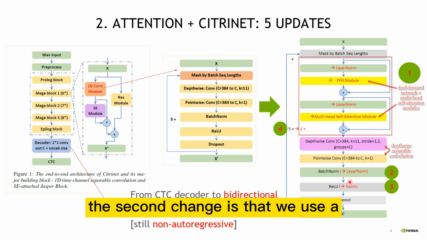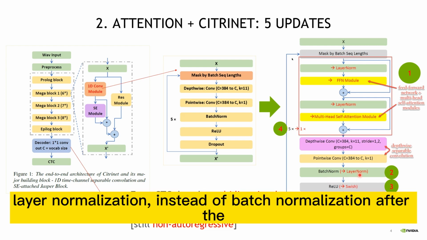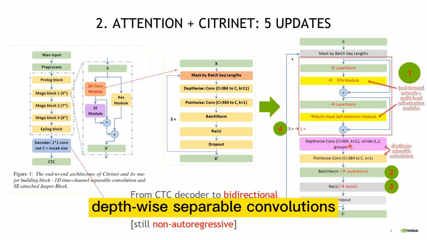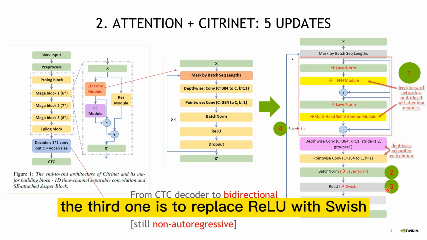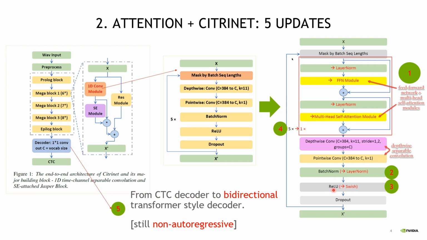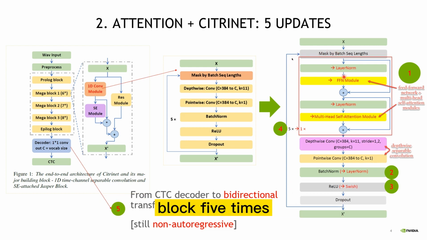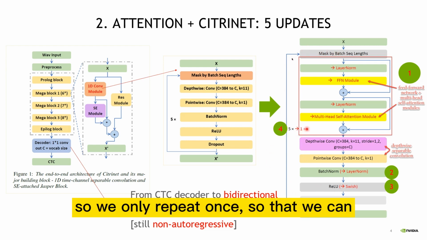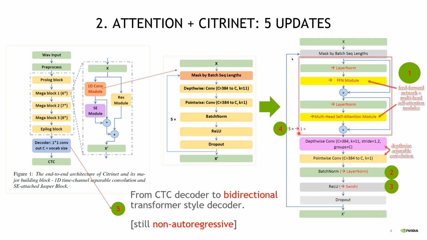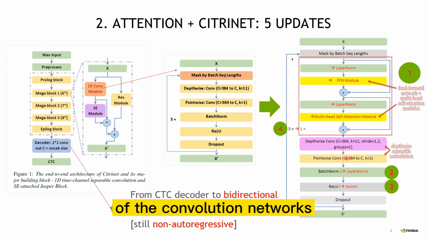The second change is that we use layer normalization instead of batch normalization after the depthwise separable convolutions. The third one is to replace ReLU with Swish. So ReLU is actually performing not that good in this deep neural network for ASR. And the fourth one is that instead of repeating this big block 5 times, we only repeat once, so that we can get rid of 80% of the convolution networks.